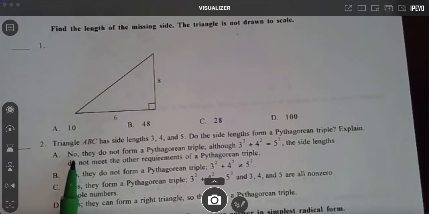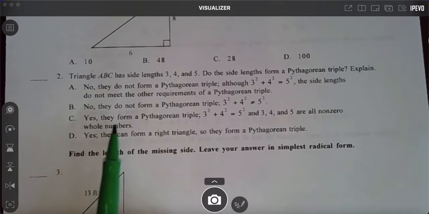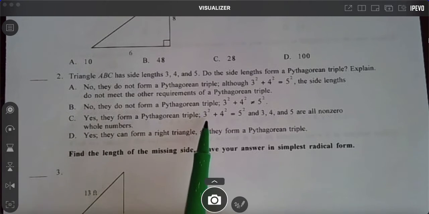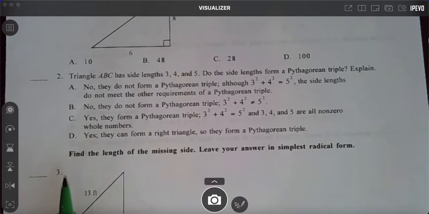So we know they do form a Pythagorean triple, so it's not A or B. So yes, they form a Pythagorean triple, and they're all non-zero whole numbers. They can form a right triangle, so they form a Pythagorean triple. No, it's because 3 squared plus 4 squared equals 5 squared. Okay, and they're not 0. So it's C. Does everybody understand that? Yes? Okay.